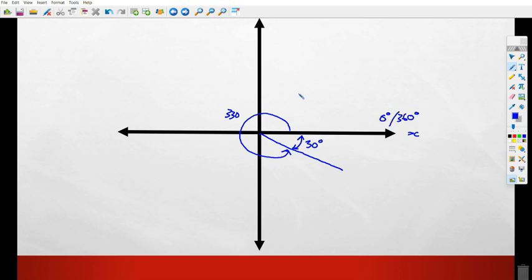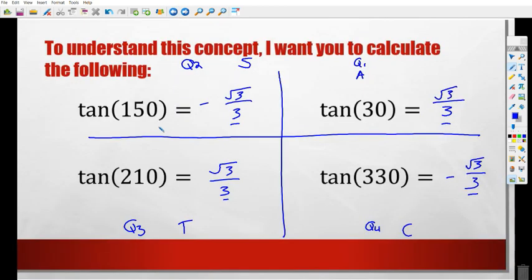So technically, guys, what's happening here? Why these are all the same is because technically all of these I can write in terms of 30 degrees. So I'll do it again. Let's work with this one over here.